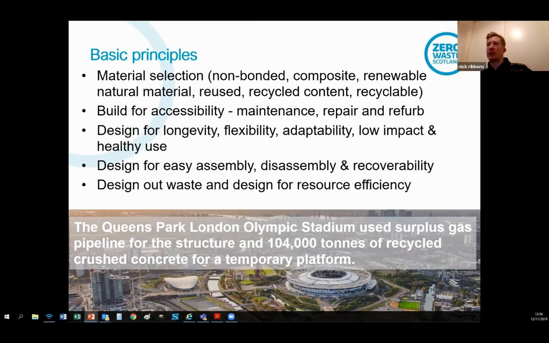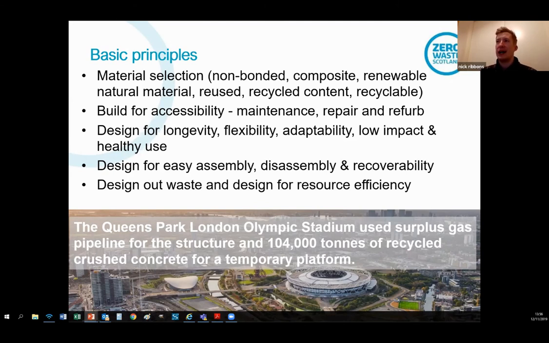So looking at the basic principles of circular economy in construction, and how do we integrate that? And actually, what you begin to see when you peek beyond the term circular economy is that these are by and large common sense, and they don't require any great degree of technical expertise to implement.